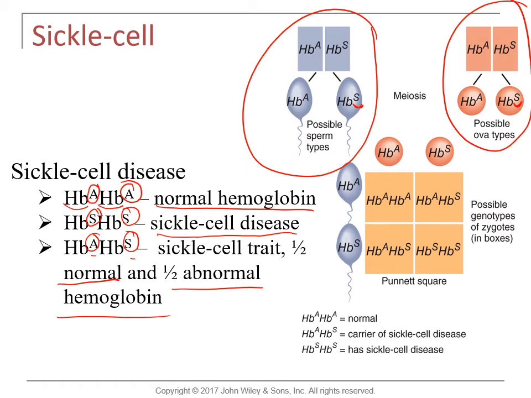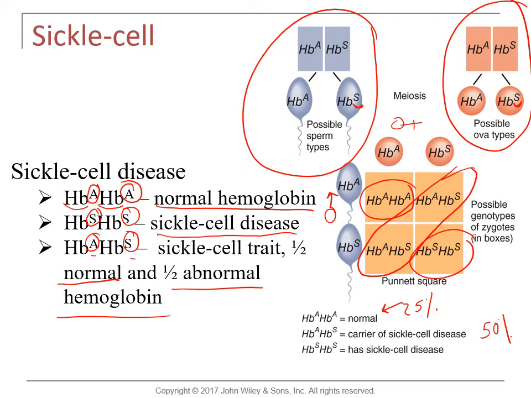Once they have kids, let's say this is the sperm and this is the ova, the maternal possible genotypes, we can see that 25% of the offspring are going to be normal, 50% are going to be carriers, just like the parents, and the remaining 25% are going to have sickle cell disease.